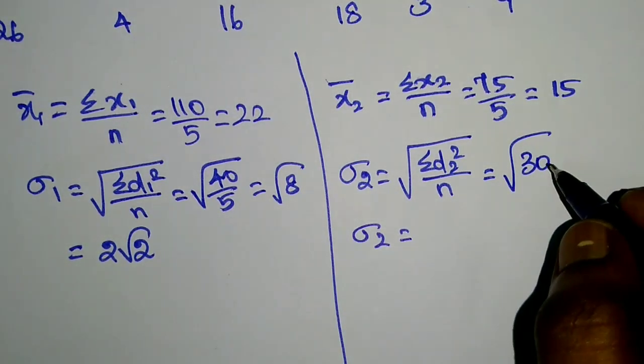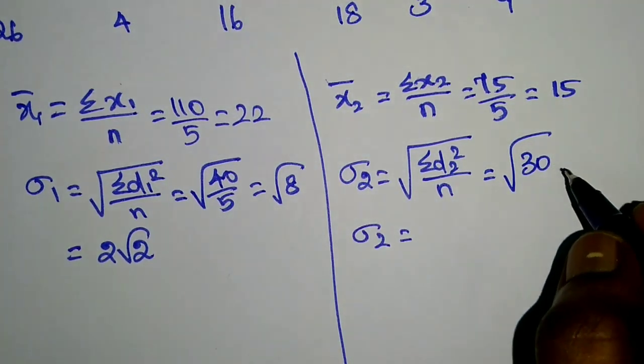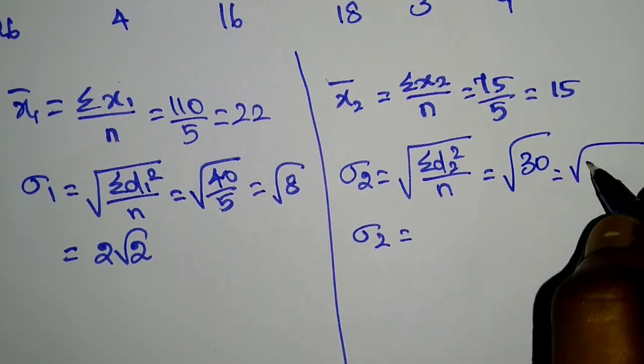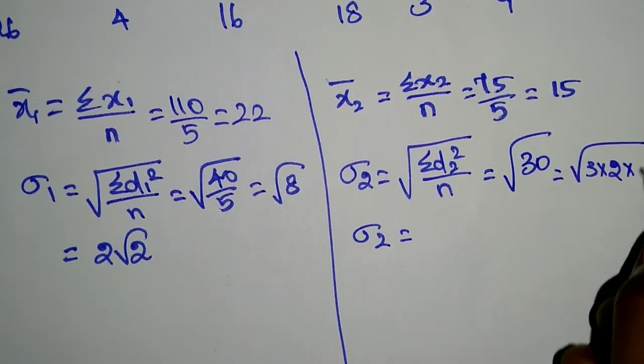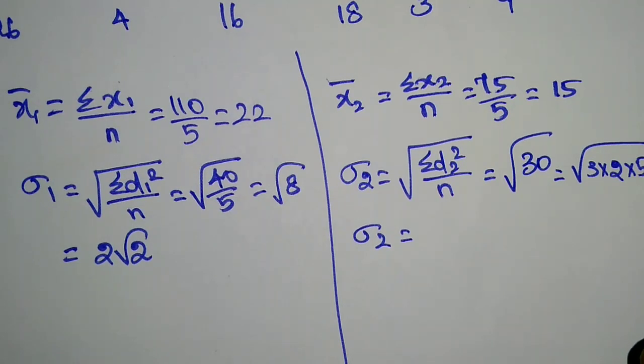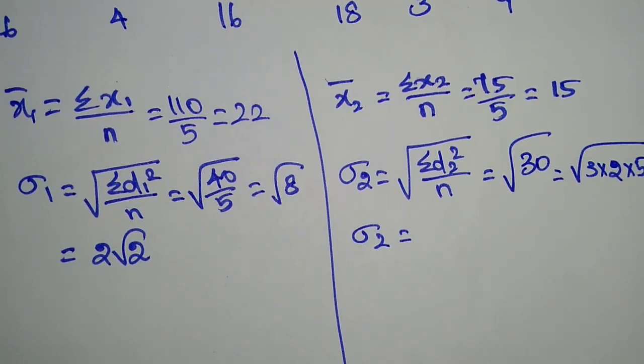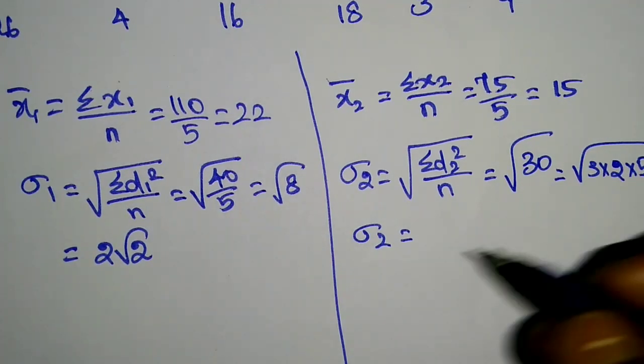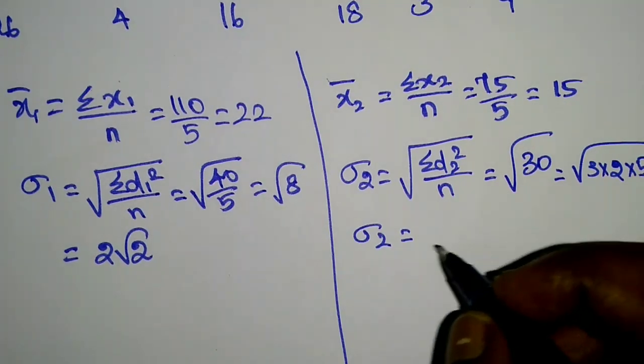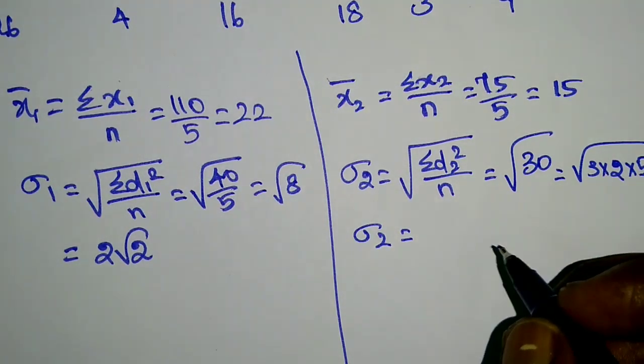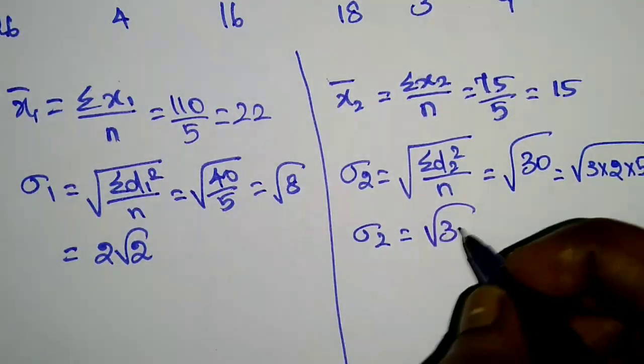Root 30 can be written as root of 3 into 2 into 5. Sigma 2 is equal to root 30.